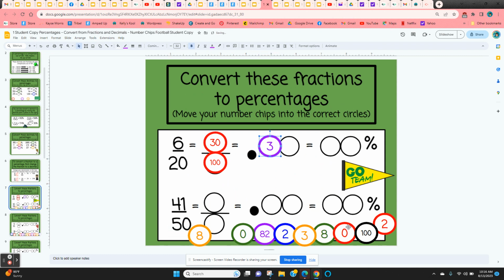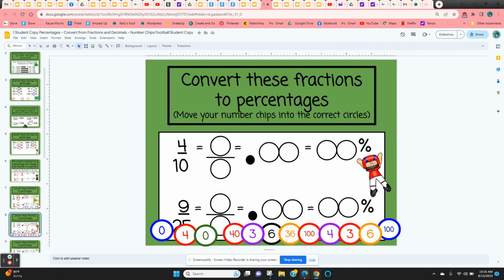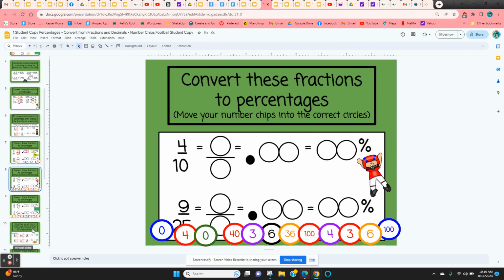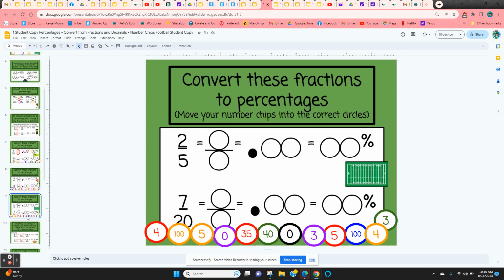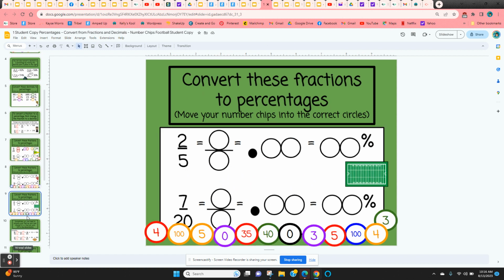I have to move the 3 and the 0, which would be 30%. So they're going to be converting their fractions to equivalent fractions with 100 in the denominator. They're going to do that on the next slide. Same thing, and then same thing on slide 9.